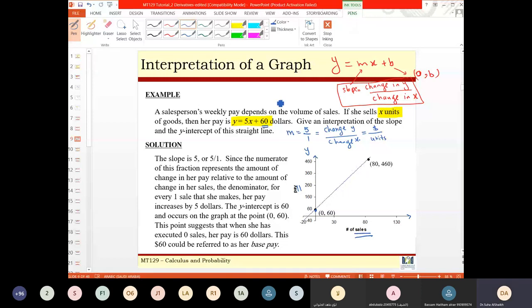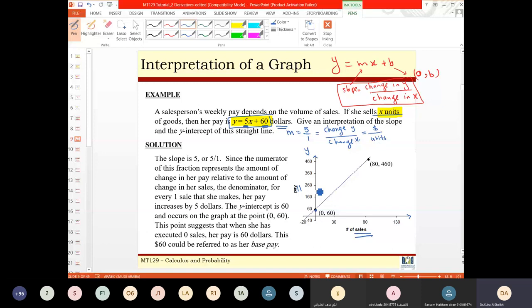Again, I have a look at the equation and pull out the slope m. The slope is 5, which is 5 over 1. And I know that the slope is the change in y over the change in x. I read the question again. What's the x? It's the units she's selling. And what's the y?